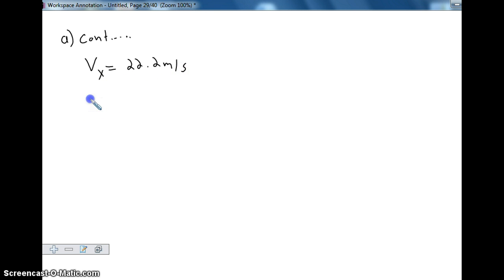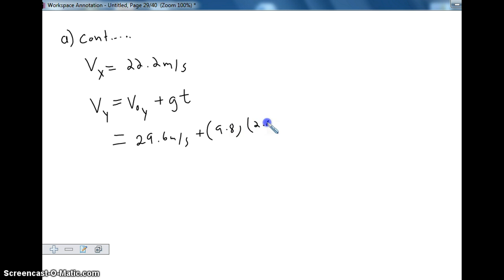But because Vy is on the other axis affected by g, we're going to have to calculate it at 2 seconds. And we would just pick the first equation where Vy is equal to V initial y plus g times t. And V initial y, remember, we got as 29.6 meters per second plus 9.8 times 2.00.